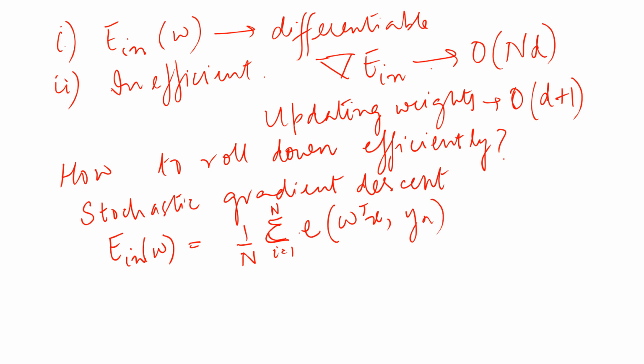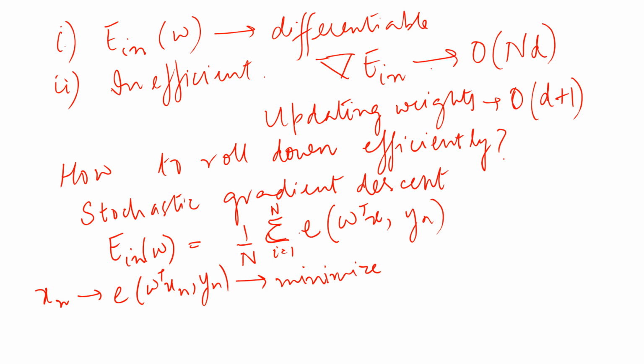And so the way stochastic gradient descent works is that you pick a random point. Just pick any random point, let's say x_n, calculate this error e(w^T x_n, y_n), and we'll have y_n obviously, and then minimize it. First calculate this and then minimize this for that one point only. And if we minimize that, that is, make this data point better.